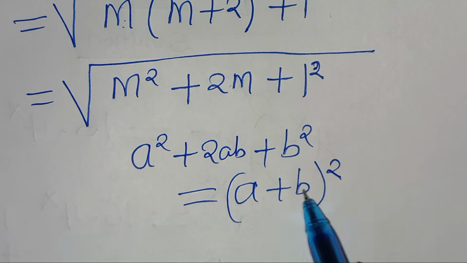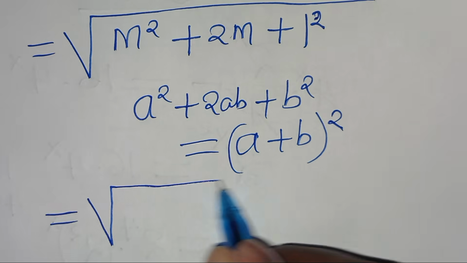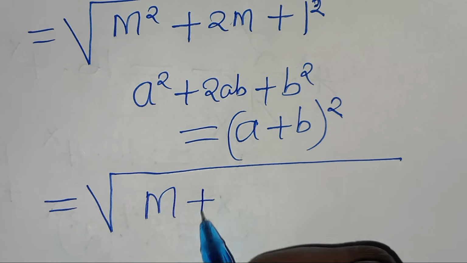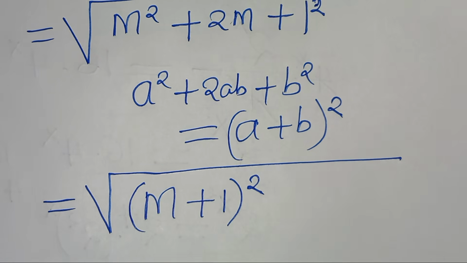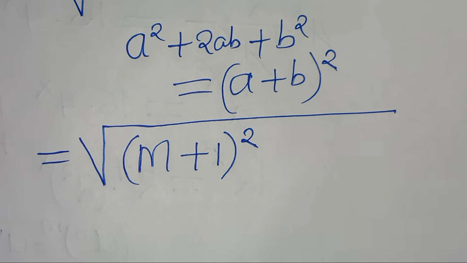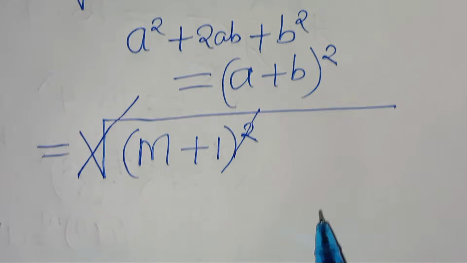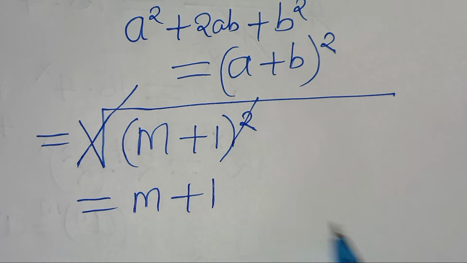Let's apply this algebraic identity so that we have the square root of m plus 1 raised to the power of 2. So let's simplify here. Let's eliminate the square root sign so that now we have m plus 1.